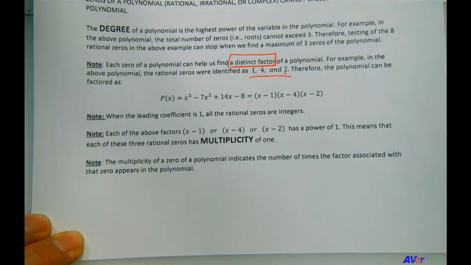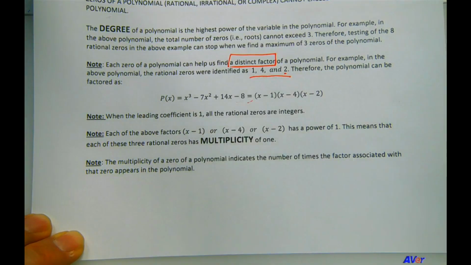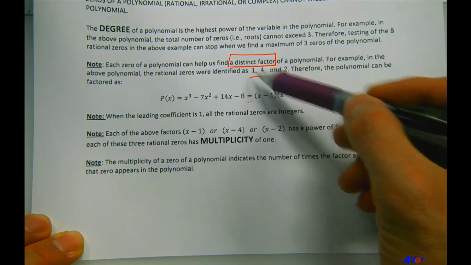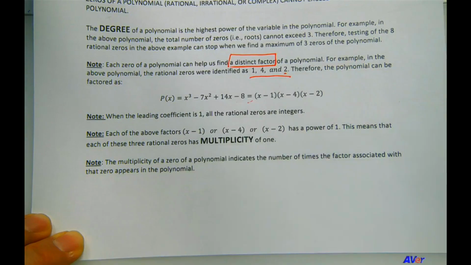So the multiplicity of all these three zeros, 1, 4, and 2, is odd. That means at x equals 1, x equals 4, and x equals 2, the graph of the polynomial will cross the x-axis.